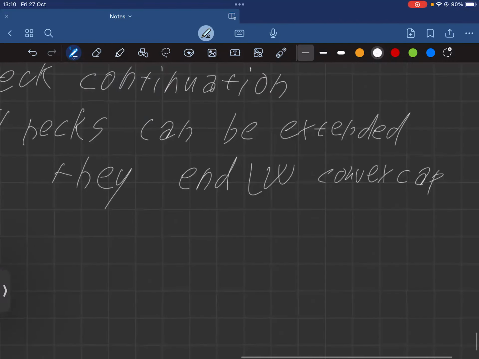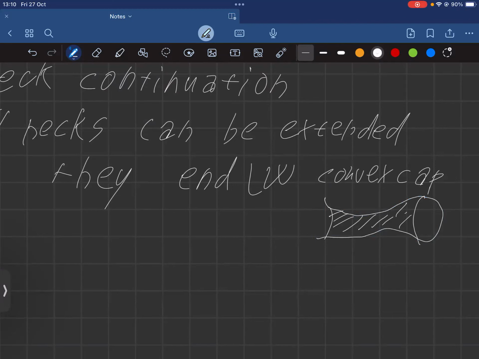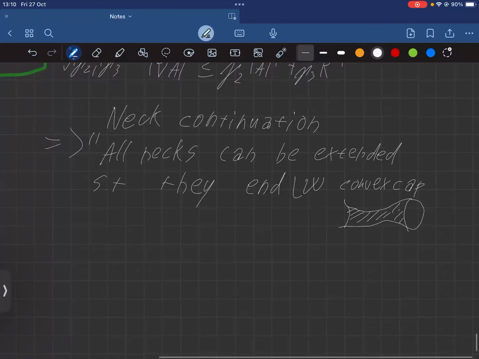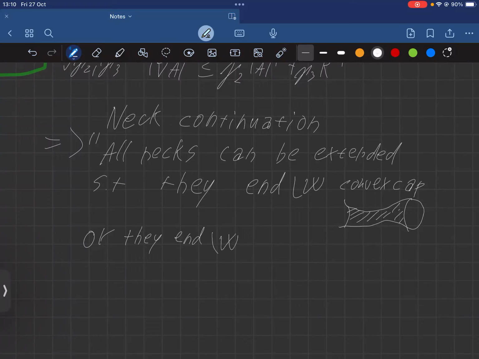By that I mean that we have something like this. So we have here our neck, and it ends with a convex cap, which is quite nice because we can just get rid of the whole region. Or it ends, or they end with small curvature.